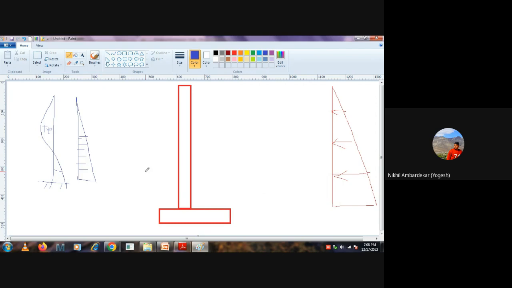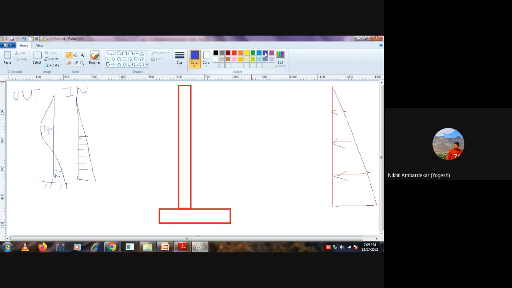So ideally, this is my inside face, inside, outside. Because of water pressure, my wall will be bent like this. Forget about the numbers. What is the bending moment? The general bending moment will be like this. This is negative. This is positive.